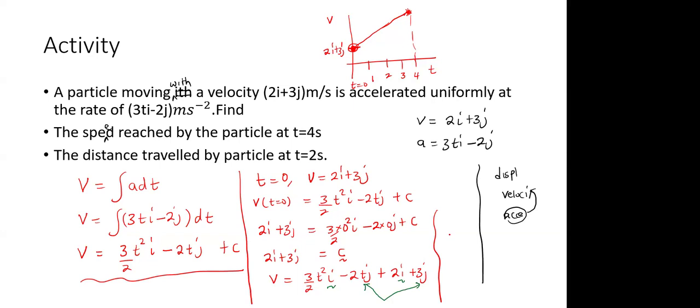If you want, you can bring them together first because you'll need that equation in the next part. So I'll say v is equal to 3 over 2 t squared plus 2, everything into i. Then I'll have minus 2t plus 3, everything into j. And now that is our velocity at any time. Class, let me know whether we're on the same page.